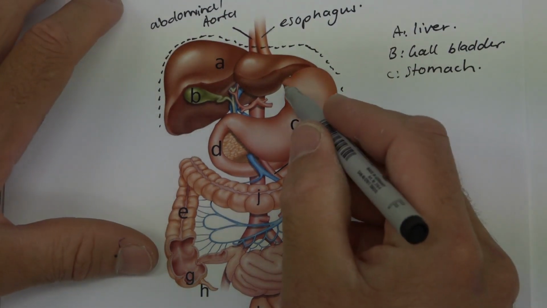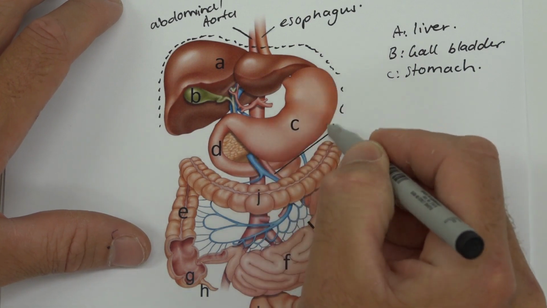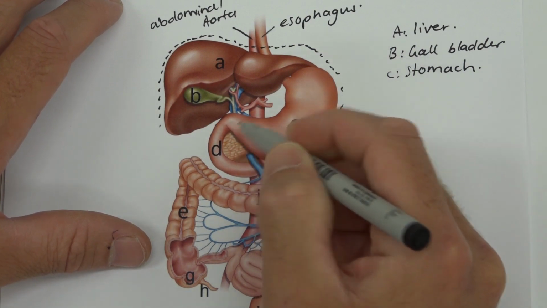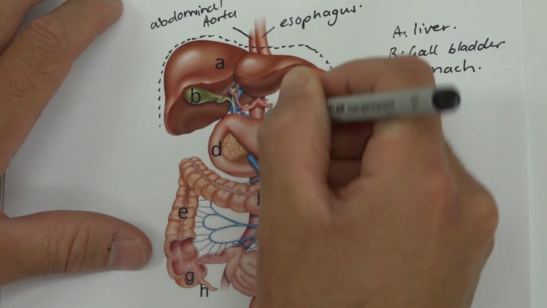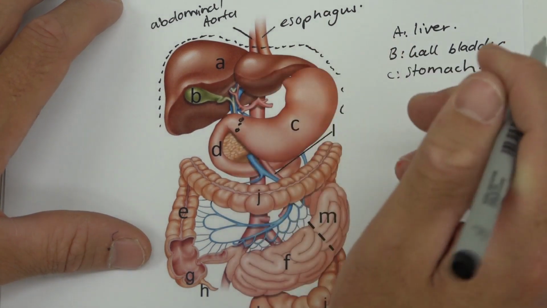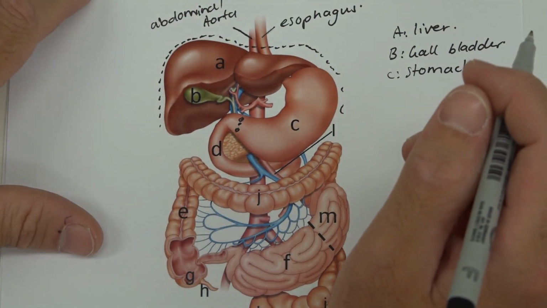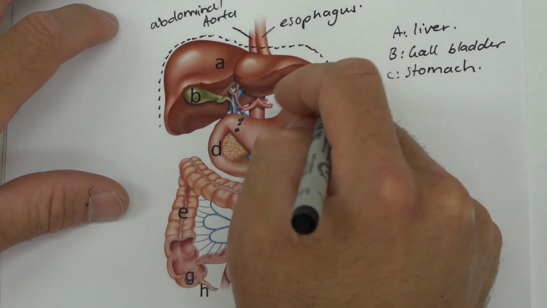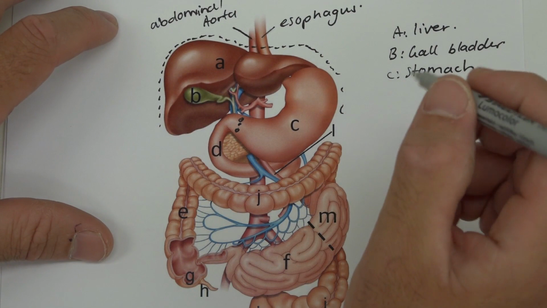The next segment that we have is, if we follow the lesser curvature and the greater curvature of the stomach along, it comes to a narrow part. So this part here, if we just put a dotted line, then this is where you have a muscle. It's called the pyloric sphincter, and that slows gastric emptying so that it can make sure that it's digested well enough inside the stomach.